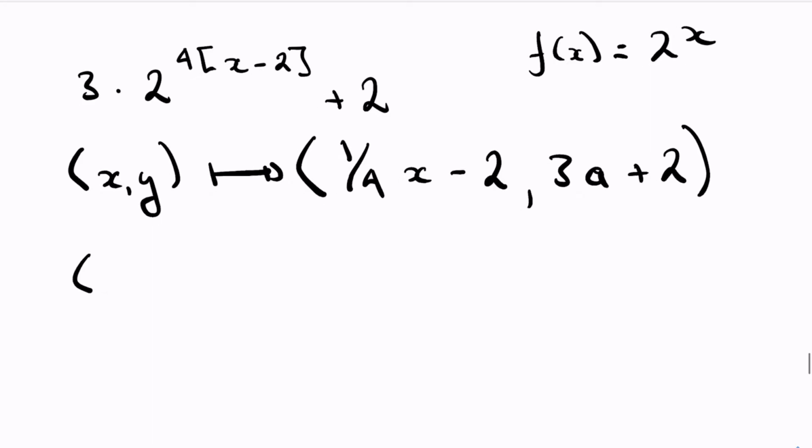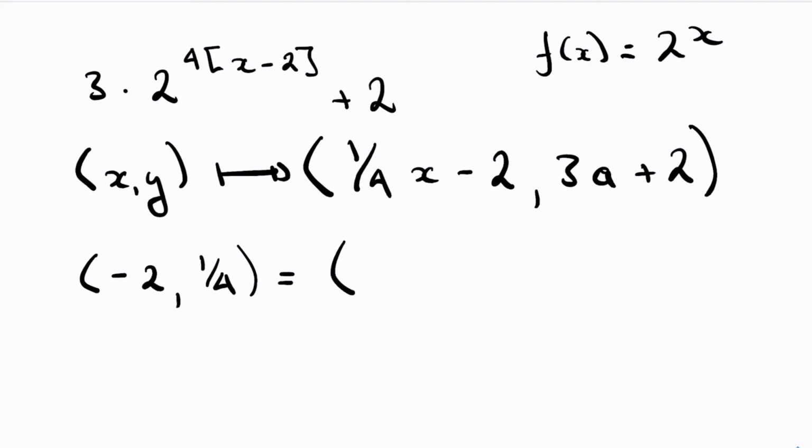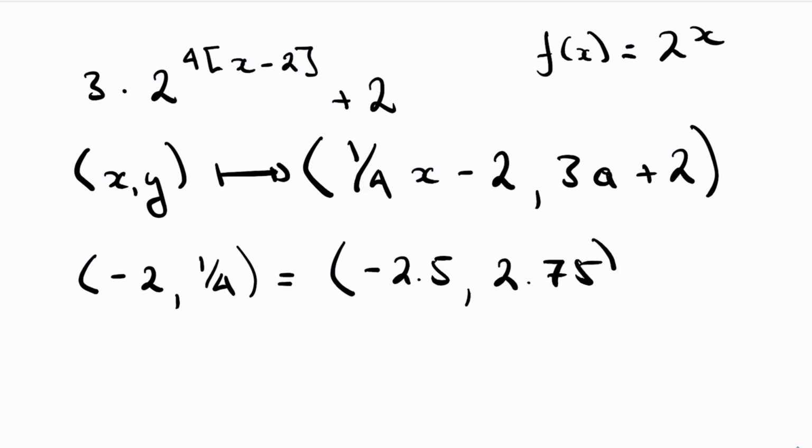Let's maybe start off with -2, and that'll be 1 over 4, my y value. And what does it yield? Well, I'm going to get -2 times 1 over 4, which will be -0.5 minus 2, so -2.5. And then I have 3 times a fourth, which is 0.75, so I get 2.75.